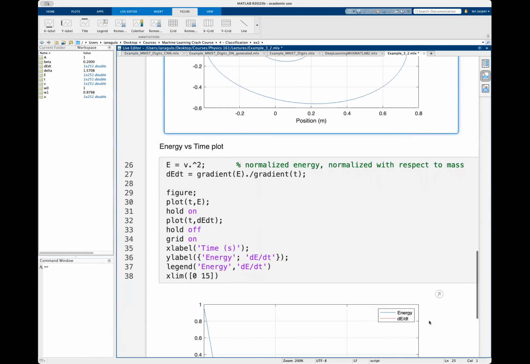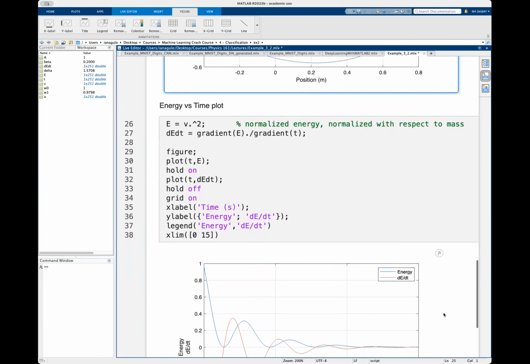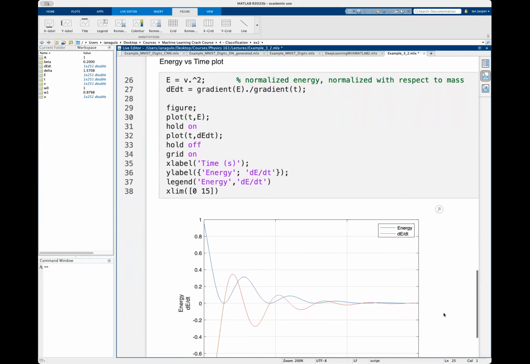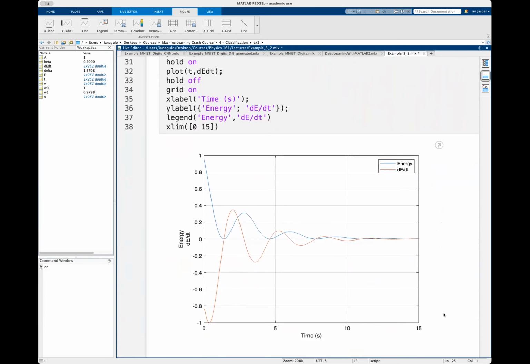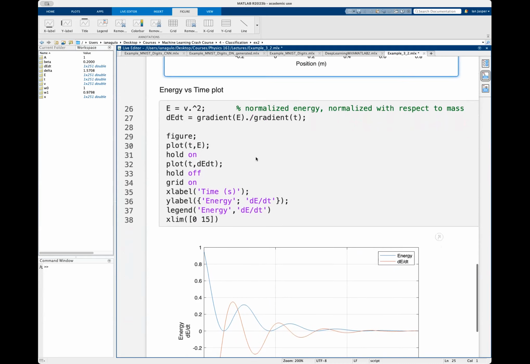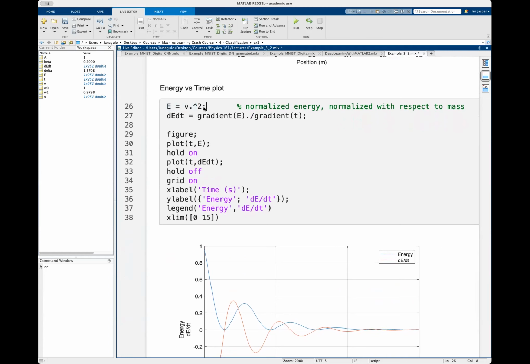Now if we plot the energy versus time, we get this. The energy is the blue curve, and the rate of energy loss or gain is the red curve. This energy was simply plotted using this equation.